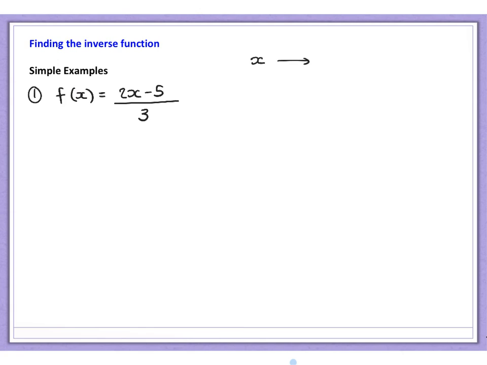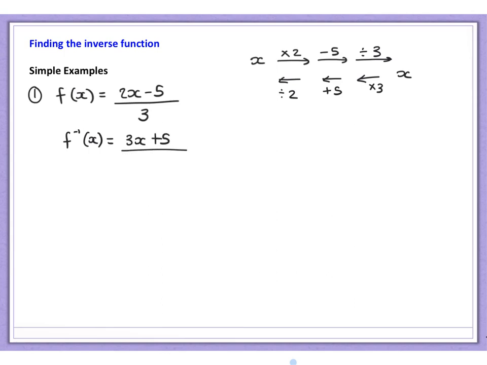So x is multiplied by 2, we then subtract 5, and we then divide by 3. To reverse this, we then multiply by 3, add 5, and finally divide by 2 in this order. So our inverse function f minus 1 of x can be expressed as (3x plus 5) all divided by 2.